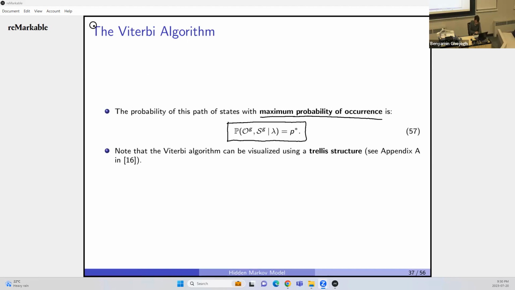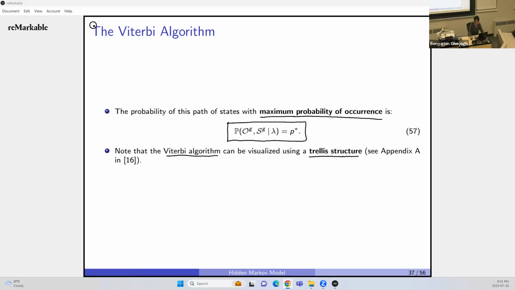And note that the Viterbi algorithm can be visualized using a trellis structure. You can see appendix A in reference 16, or let me Google it. Trellis Viterbi. I want to show it to you. Images.